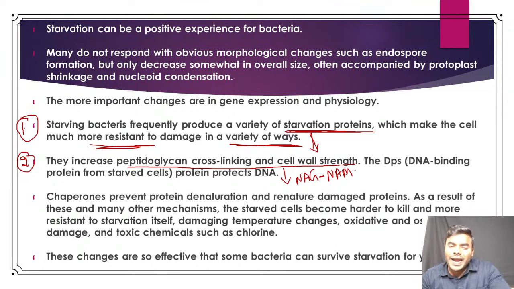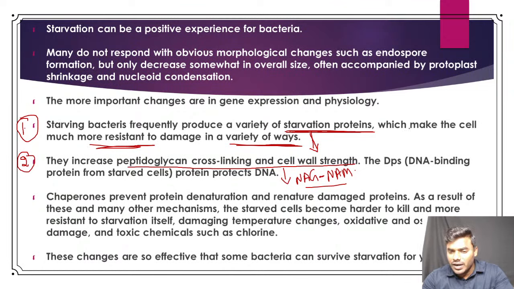The strongest structure is the cell wall. Right? So they are increasing the cell wall strength. When they increase the cell wall strength, any kind of enzyme or any kind of protein cannot break the cell wall. That is the second one.